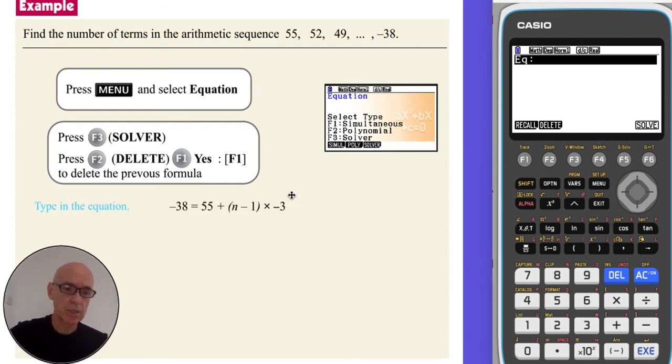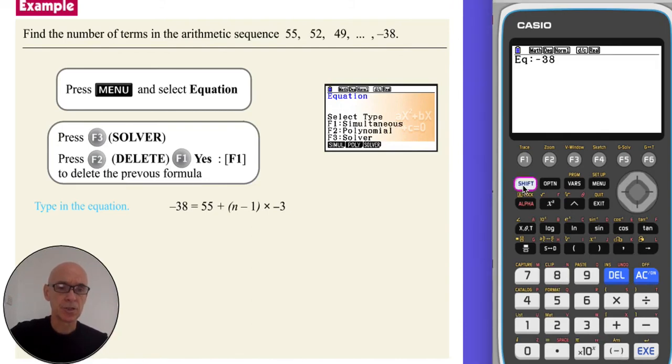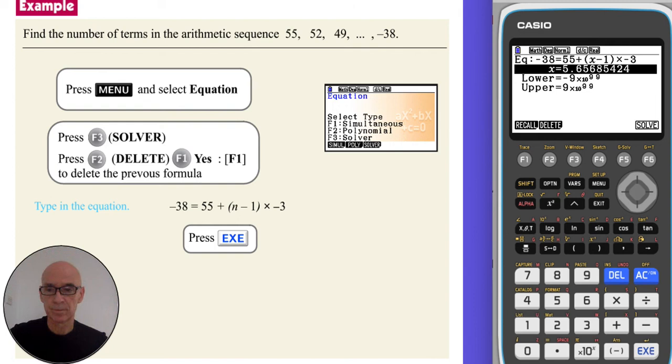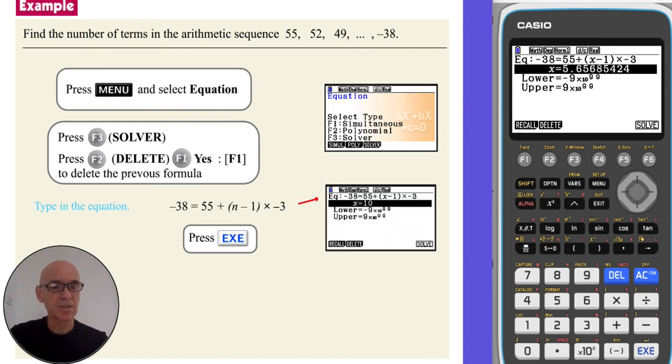So if we type in the equation we want to solve, starting with negative 38, and then the shift to access the equals, 55 plus bracket, and we use x for the variable, take away 1, close the bracket, times by negative 3. And then press execute to enter the equation. Just note that the number next to x is not the solution to the equation yet because we haven't pressed solve. This is just the number that's left in the calculator from the last time the equation solver was used.